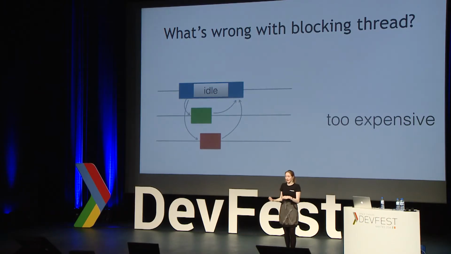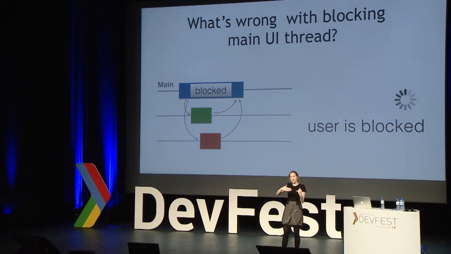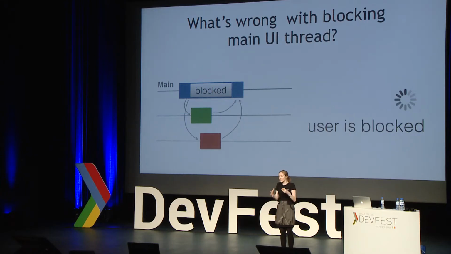That's a problem. If it's just a regular thread, it's too expensive to lose threads in such a way. But if it's the main UI thread, it's even wrong, because our thread is blocked and your user is also blocked. It is readable and straightforward, but it's wrong because you're blocking threads.